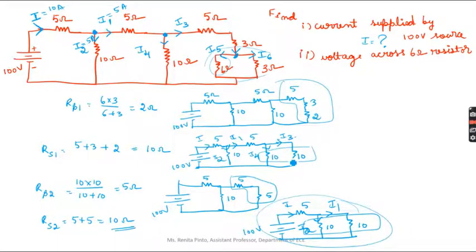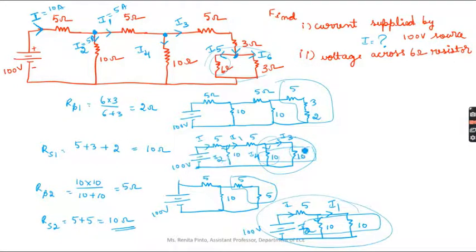So in this circuit I have to find out again. According to this, the main current flowing into this part is 5 amps, whereas the currents flowing in these 10 ohm resistors are I3 and I4.